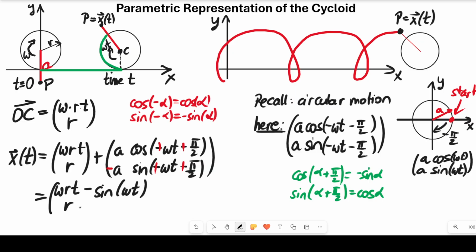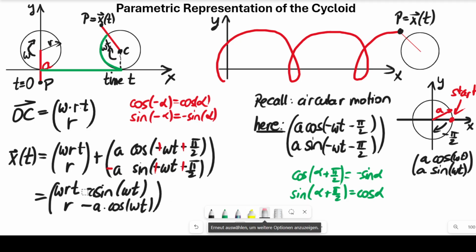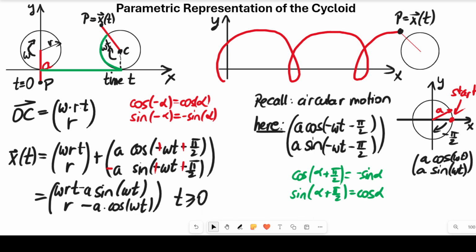So I write also again minus a, I forgot the a, sorry. The a should also be here. And minus a times cosine omega t. So let me make it more clearly visible here. Fine. This parametric representation holds for t larger or equal to 0.